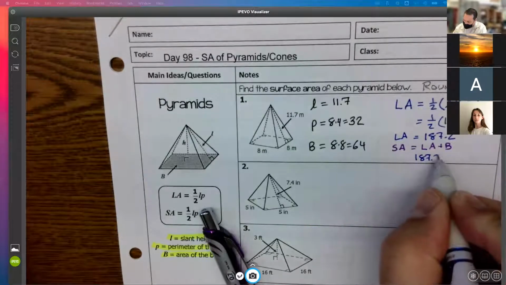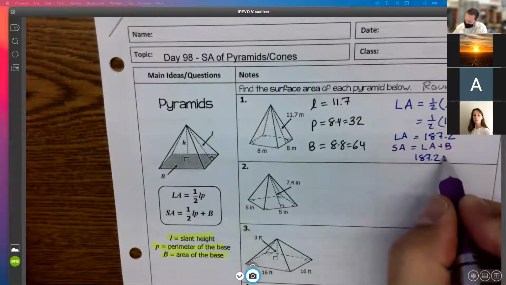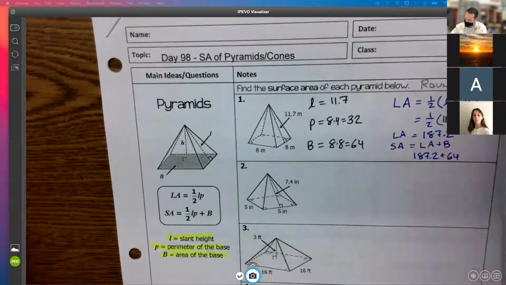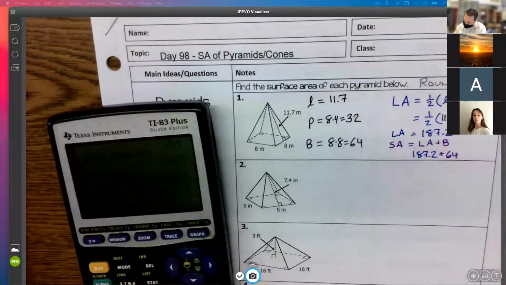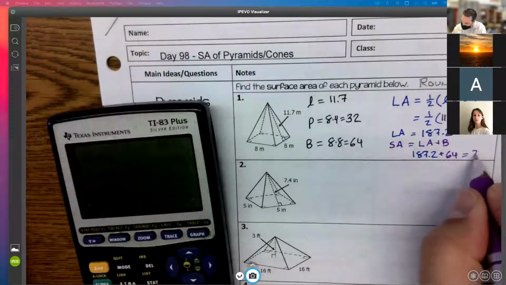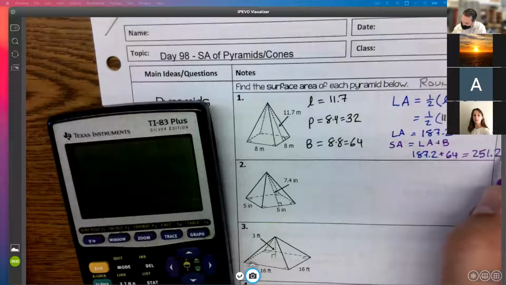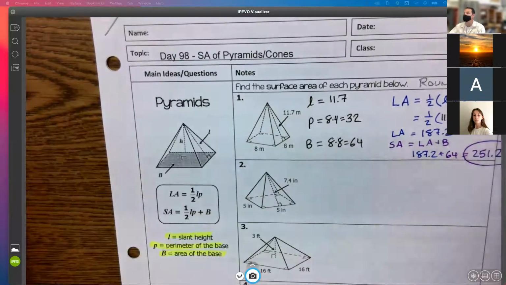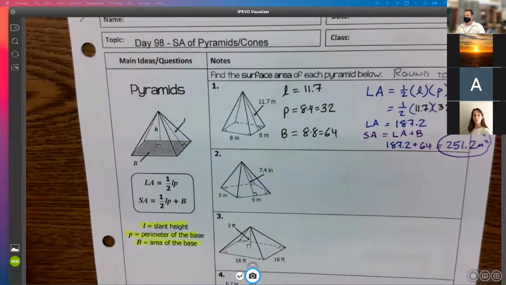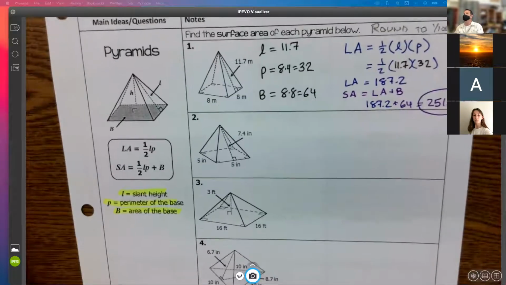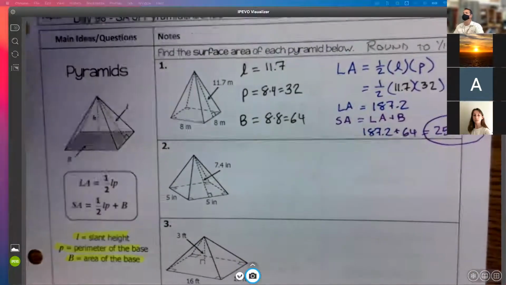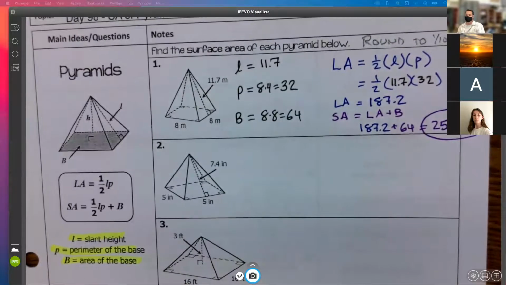So 187.2 plus the base of 64 gives us 251.2. These were meters, so that's meters squared. Any questions on that?